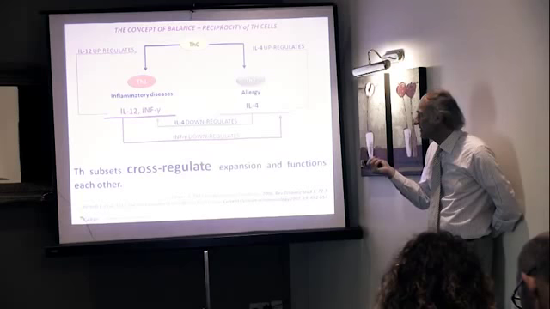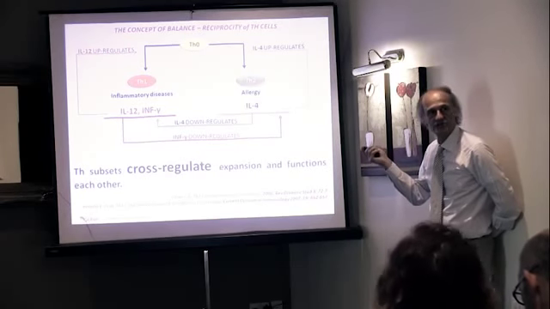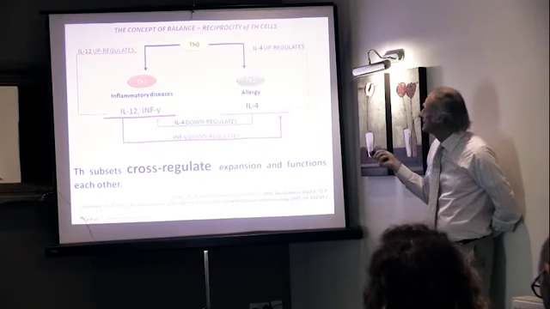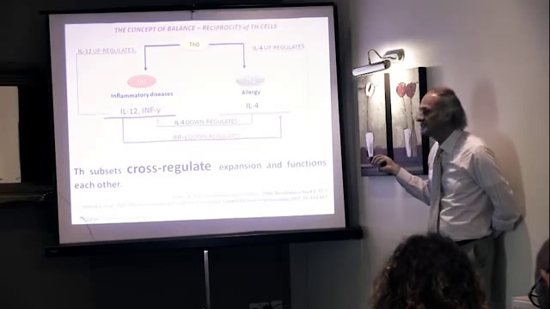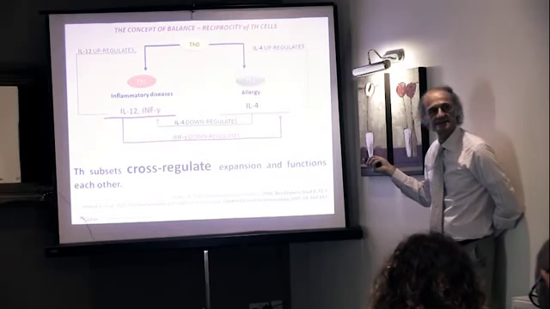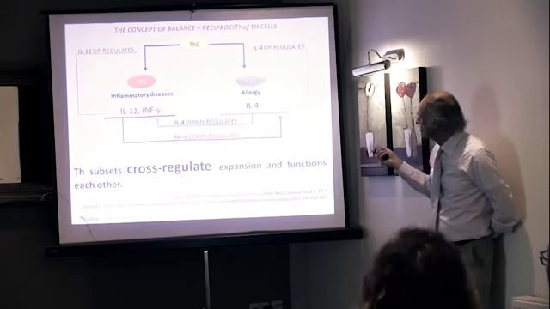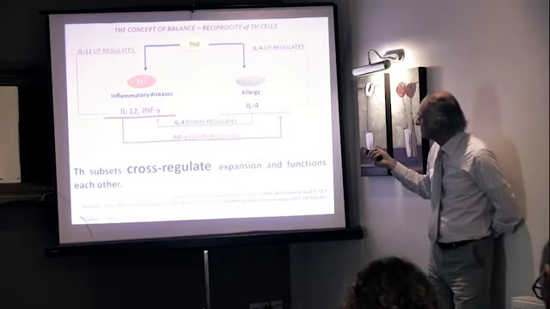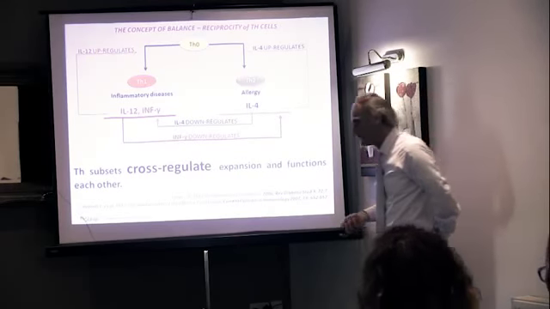Gamma interferon is able to downregulate Th2. Th2 produces several cytokines, but especially interleukin-4 is so important. Why? It's able to stimulate the production of Th2 and to downregulate Th1.